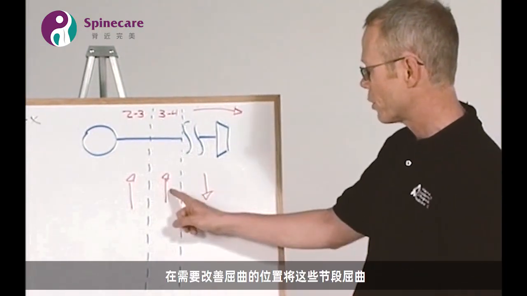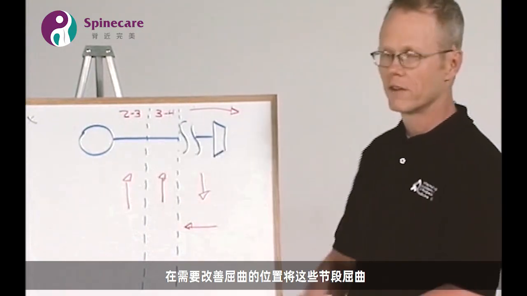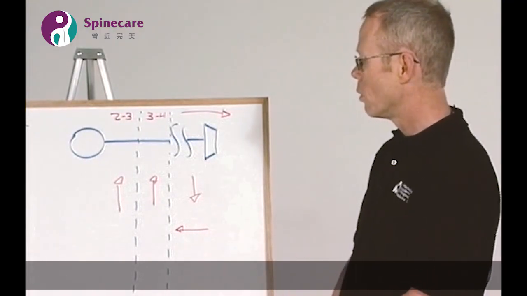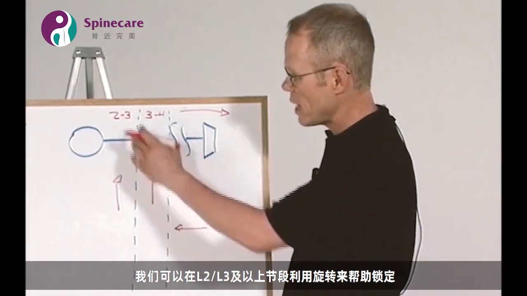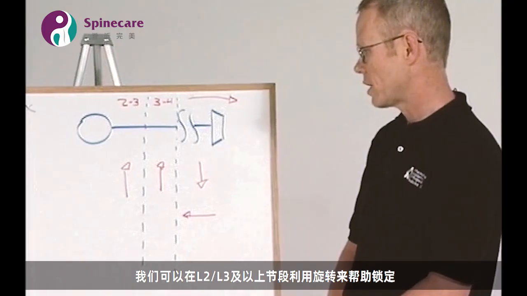In doing so, we produce flexion in the segment that we're wanting to improve flexion in the first place. Moreover, we can use a rotation at L2-3 and above to help lock those segments.